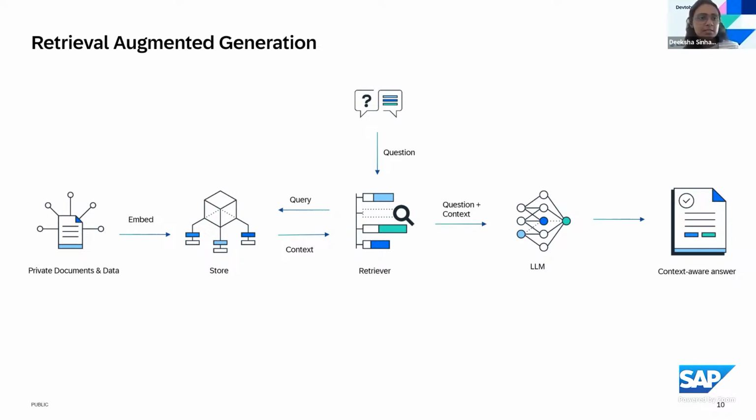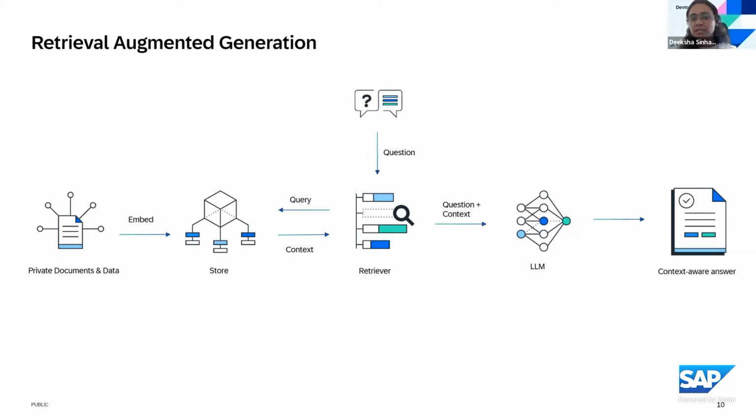What happens next is mainly the retrieval. Let's say you have a question that the user wants to ask from your data source. The question is sent to the retriever, which is the component that queries the vector store that you created and gets only the relevant splits of data that form the context with which you want to operate.